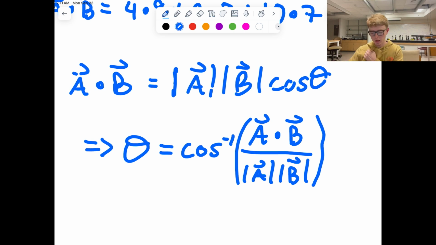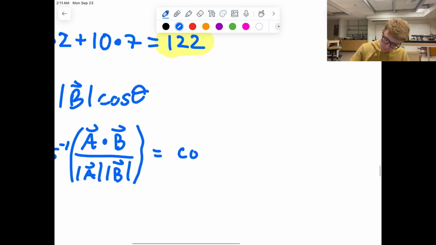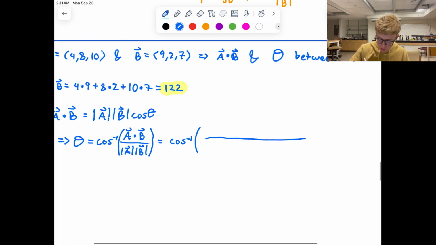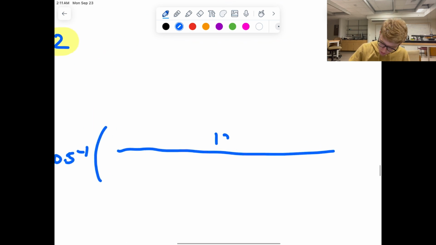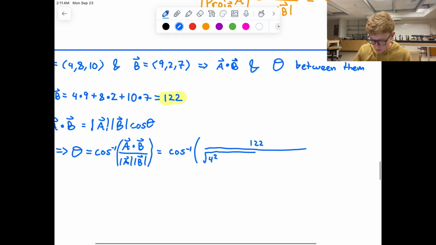We've just isolated theta. So now let's plug in all of these values. So we've got inverse cosine, and then up top we've already computed A dot B. It's 122. So let's write that on the top. And then we need to use our magnitude formula that we've talked about before. For A, it's just each component squared, added up, square root of all of that.